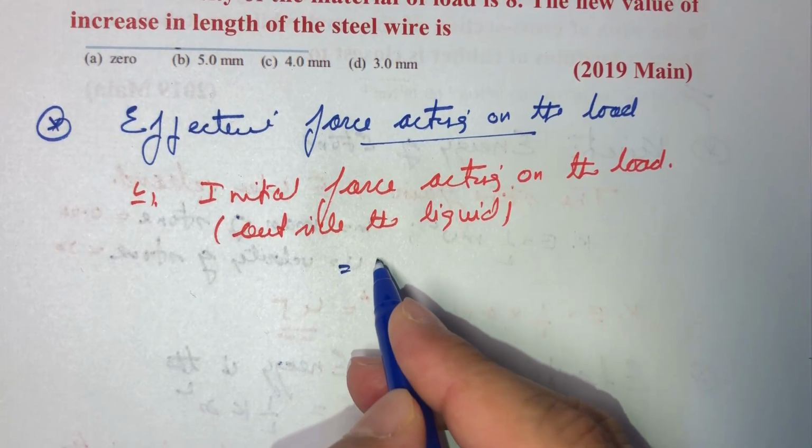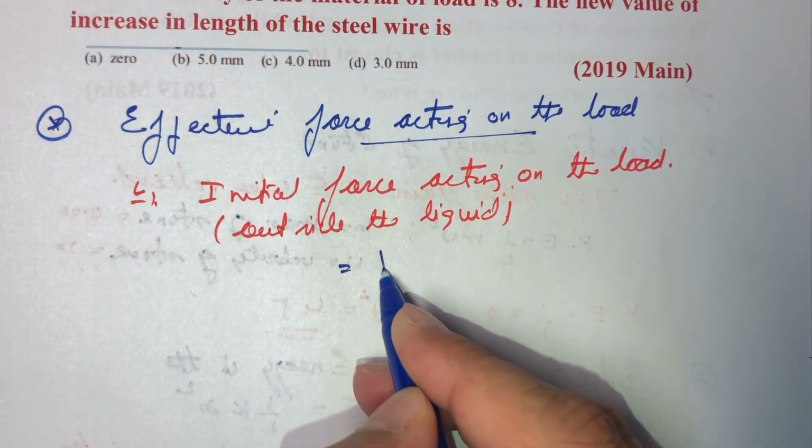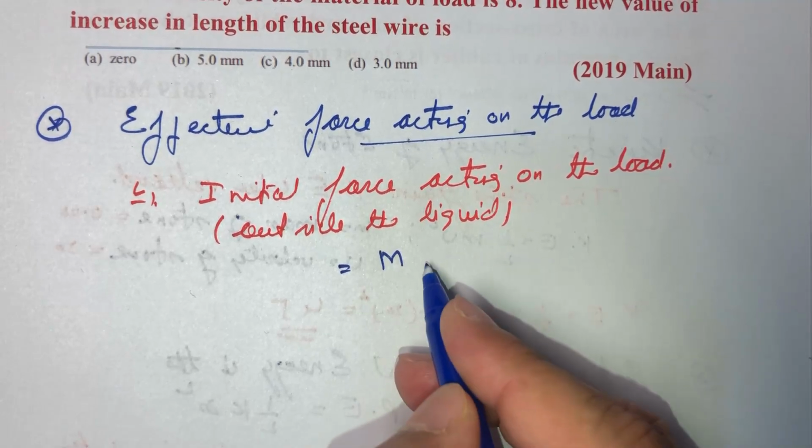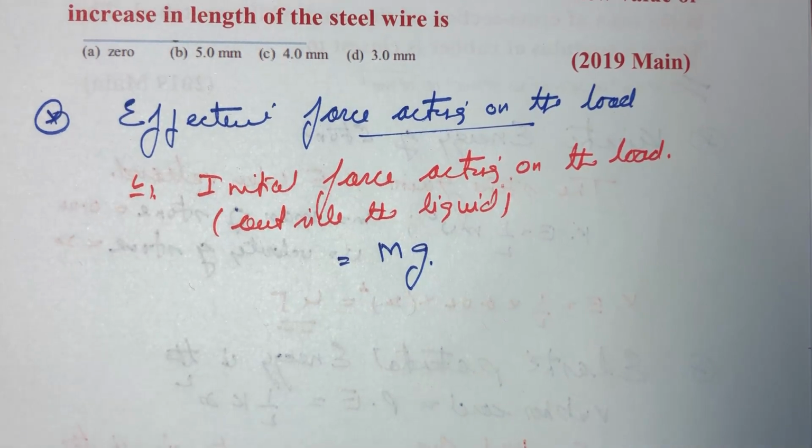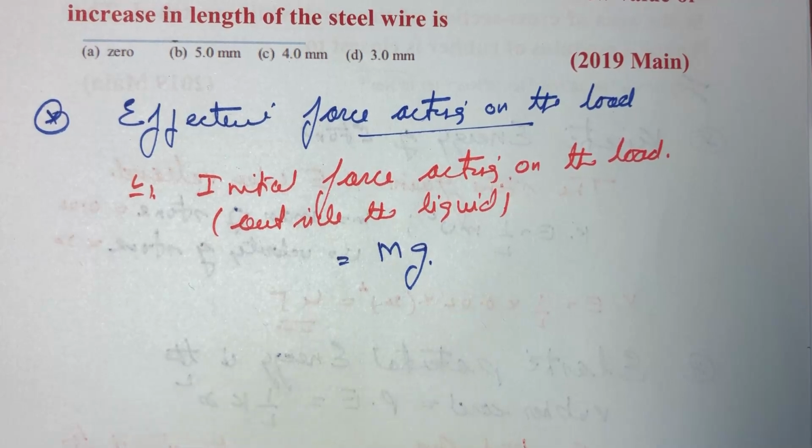So we can write this as mg, where m is the mass and g is the acceleration due to gravity. And when this load is immersed in the water, a liquid rather, then the effective force that will be acting on the load will be reduced because of the buoyant force which will be acting in the upward direction.